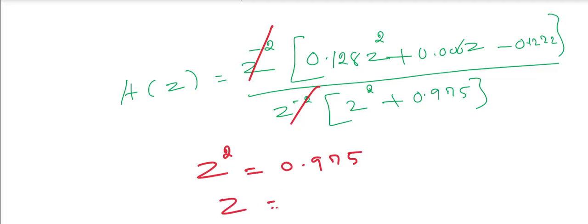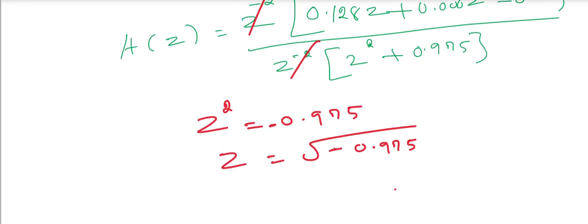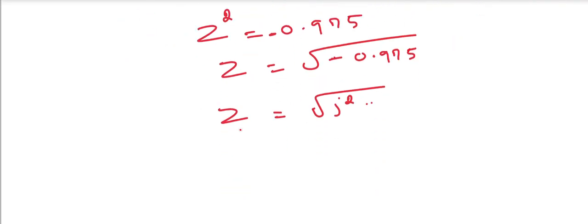So z is equal to square root of this, which is minus 0.975. Again this can be written as z is equal to j square minus 1 j square, and so we get z equal to j square minus 1 now.